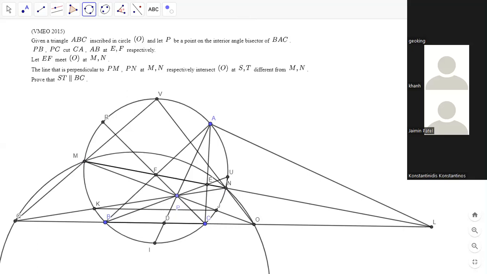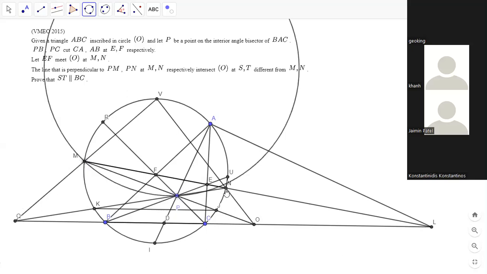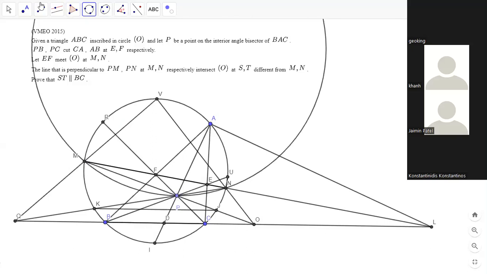Stefan was just saying that if they were cyclic, that would solve the problem. What you said, Constantine, is true. I think that would follow from an angle chase. I think that the parallel being tangent is equivalent to the problem.